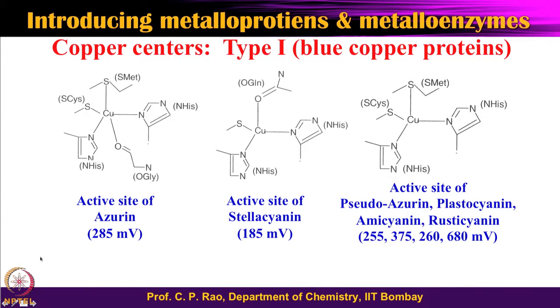What is the advantage of having such different potentials? You can do a variety of redox reactions, and electron transfer can proceed from one to the other to the other very efficiently when you have different redox potentials in these enzymes.